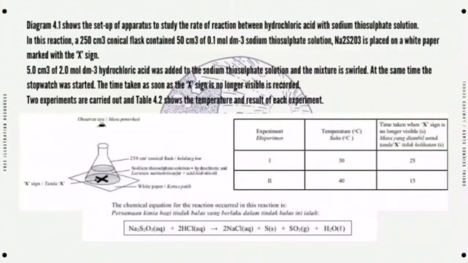At the same time, the stopwatch was started. The time taken for the X sign to be no longer visible is recorded. 2 experiments are carried out and table 4.2 shows the temperature and the result of each experiment.